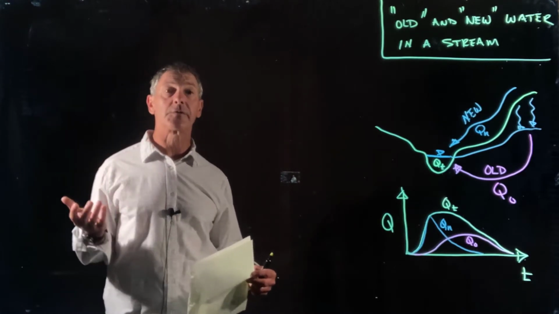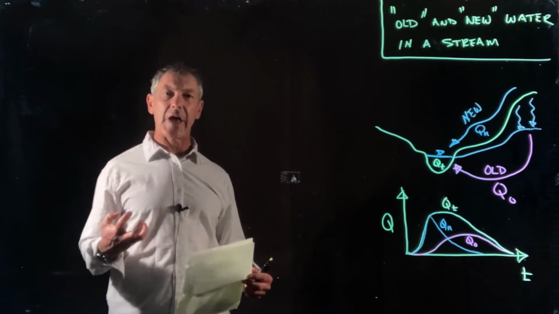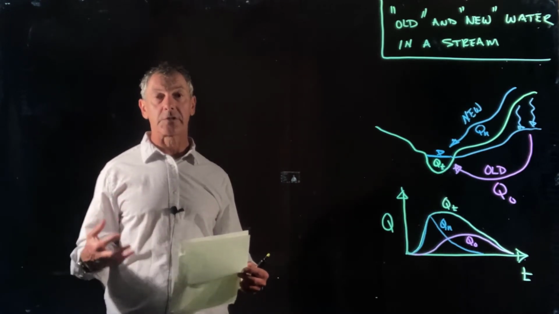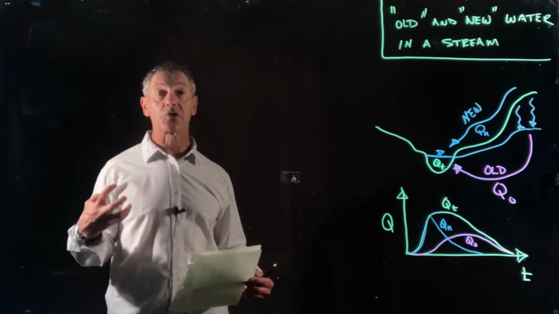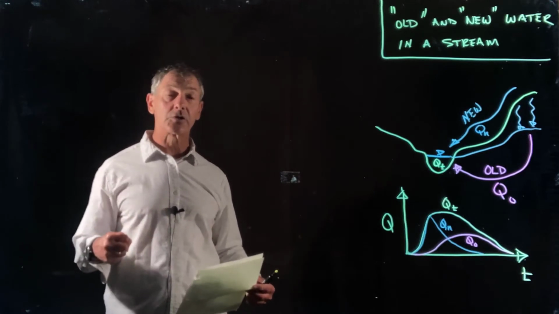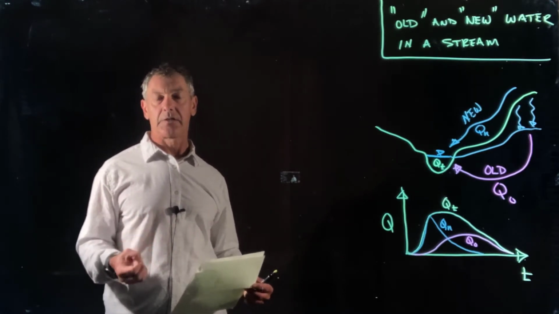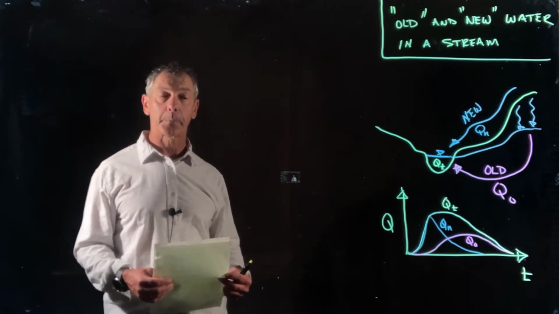We could use lots of different tracers. Chloride is a particularly good tracer because it doesn't react with the subsurface. It doesn't degrade due to biodegradation. And so we say it's conserved as it moves. It doesn't disappear, so that makes it a good tracer. It's like a dye, right? You put some of this tracer in the water and you can see where the water goes.